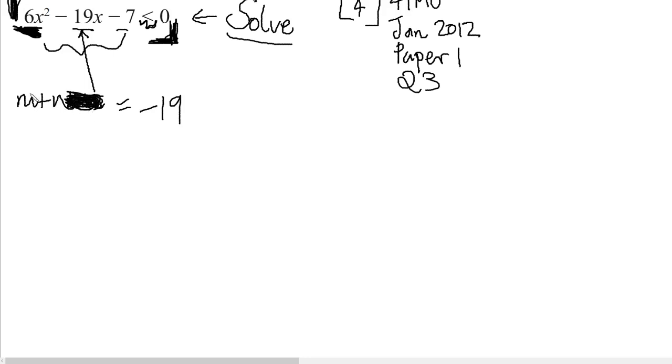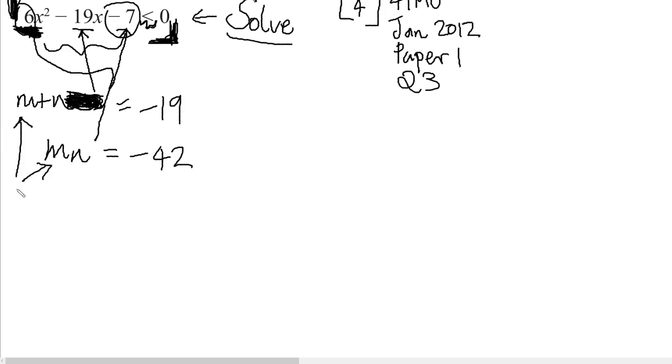And our MN is going to be equal to the constant term multiplied by the second degree term, which is 6 times minus 7, or minus 42. And what we want to do is find, hopefully, integer values of M and N that are easy to play with, so that we can actually factorize that quadratic expression.